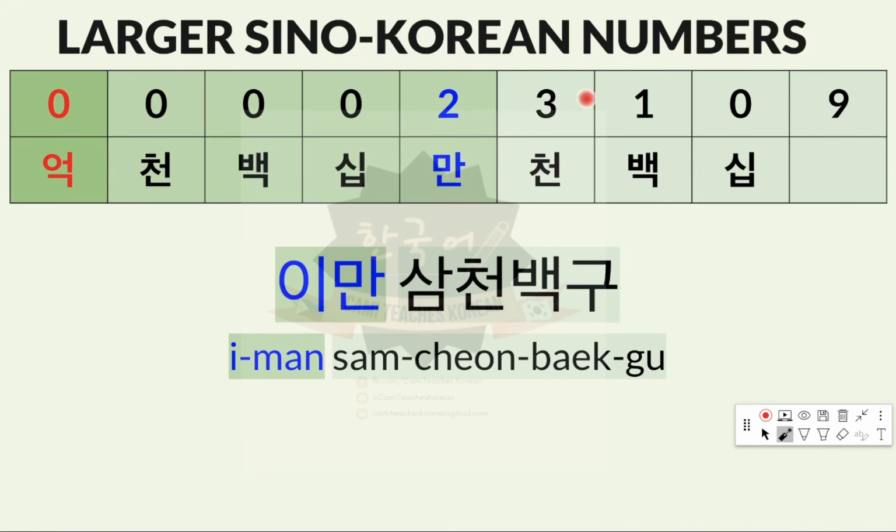So samchon is 3,000. For bek, when it's 100, no need to put il, so go directly to bek. Samchon bek, and our last value, gu. Since there is no ship here, no need to put ship. Go straight to gu. Samchon bek gu. So 23,109 is iman, samchon bek gu.